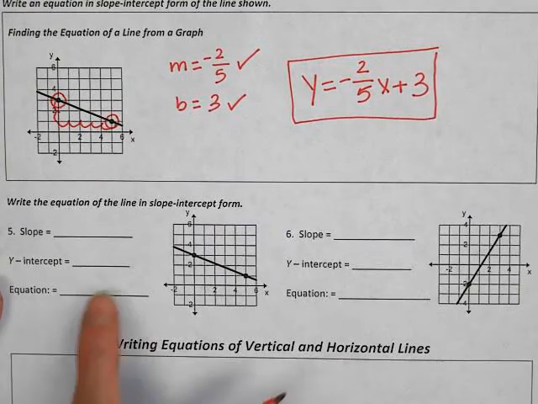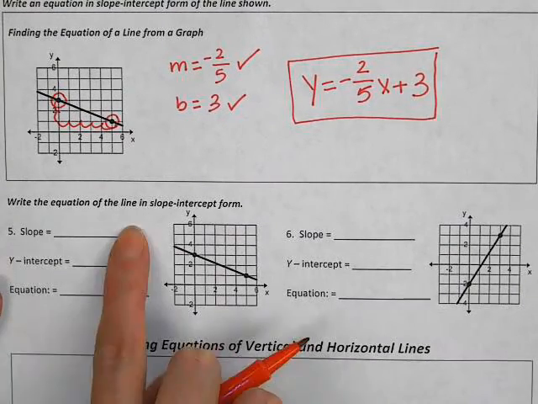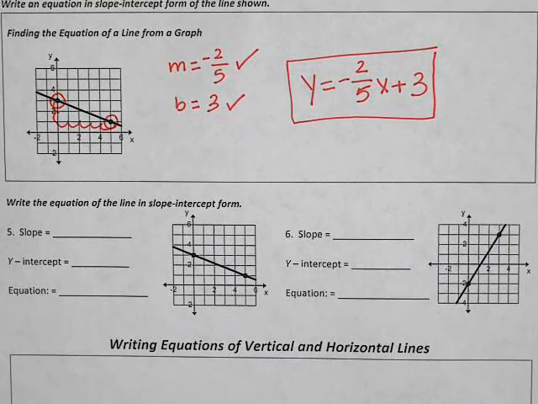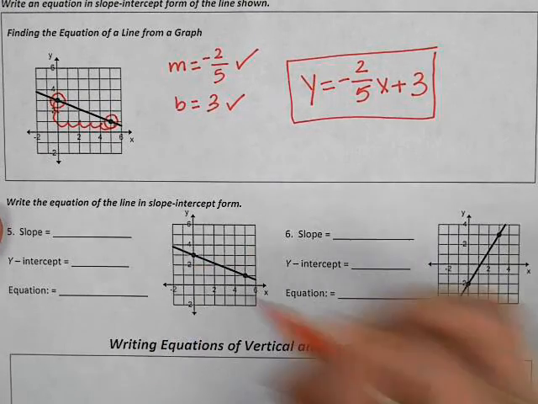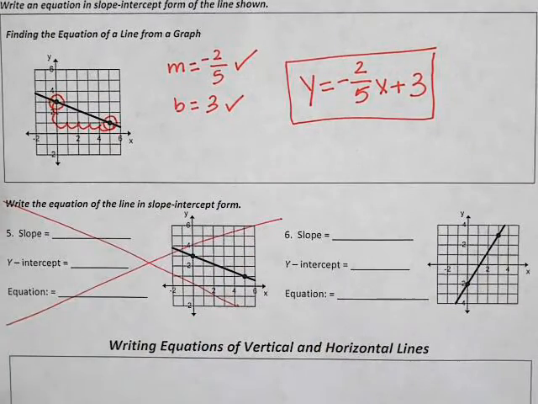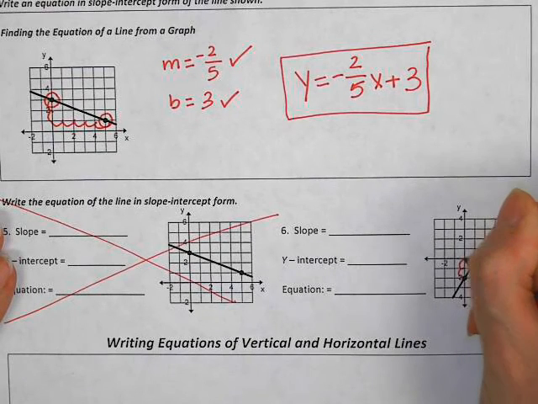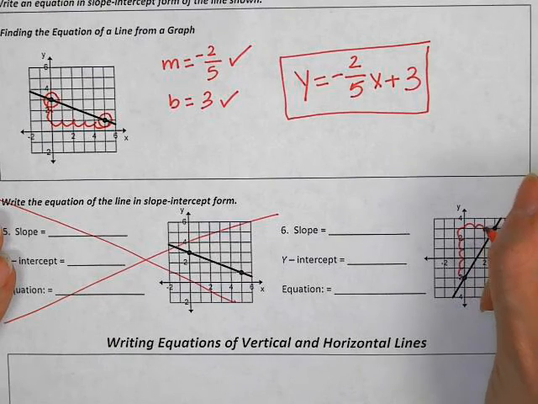Okay, so 5 and 6 are the same thing. Given a graph of a line, find the slope, find the y-intercept, and then write it in slope-intercept form. Okay, so number 5, the slope. Oh, well, this is the same problem, so we're going to skip that one. This one, the slope is up 1, 2, 3, 4, 5, right 1, 2, 3.